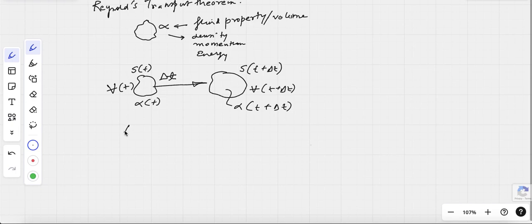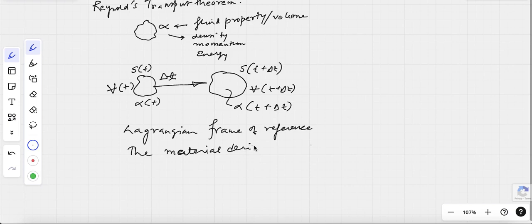so in Lagrangian frame of reference, the material derivative of alpha shall be, since alpha is the fluid property per unit volume, so we will integrate this over the entire volume, control volume actually, this one.